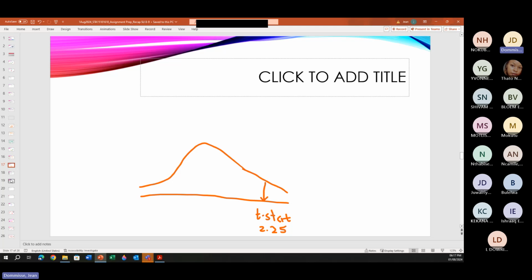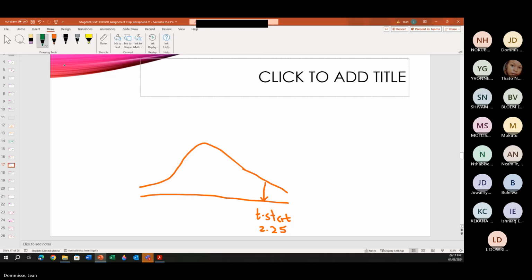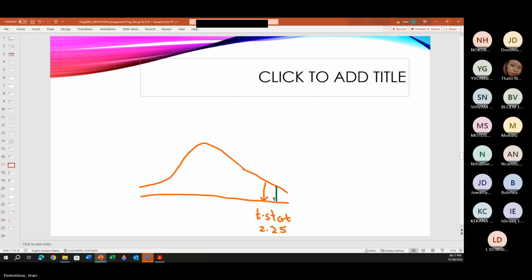Our critical value was 2,33. So remember, critical value 2,33 is just a bit bigger. So because the T-stat lies within, we reject the null hypothesis.